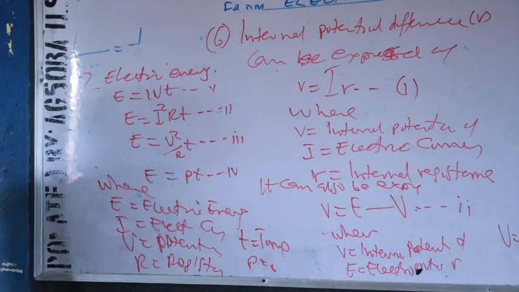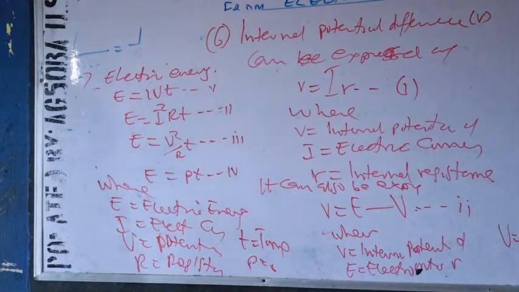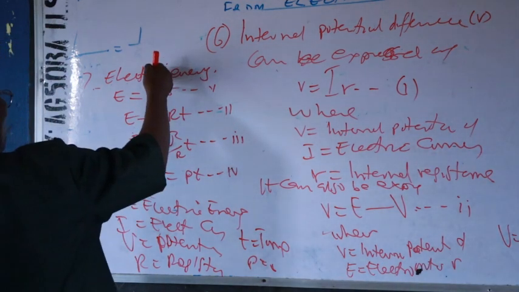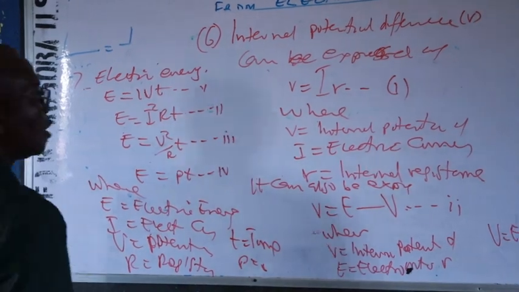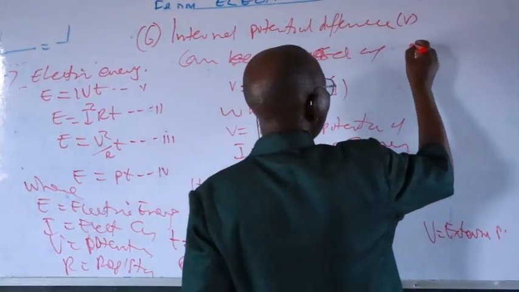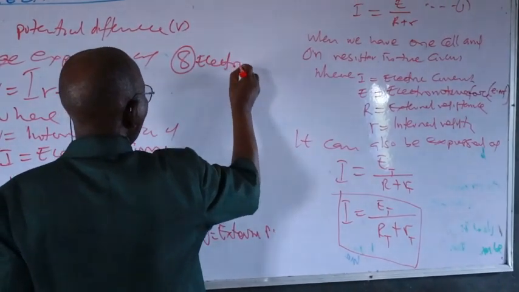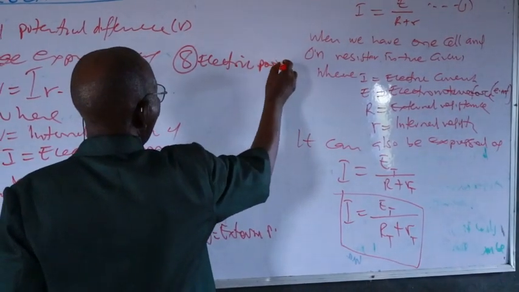The last but not the least is electric power. That's where we stop today. Electric power is the last one. And what to do to get the expression for electric power is to remove all T's from here. So number 8, the 8th obtainable quantity, is called electric power.